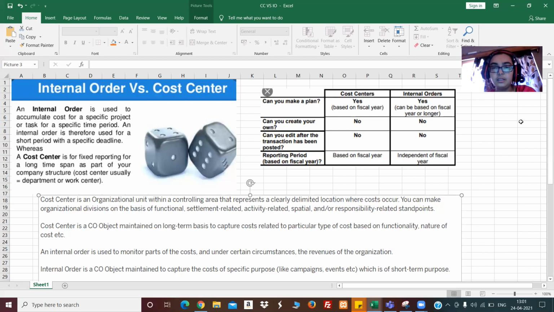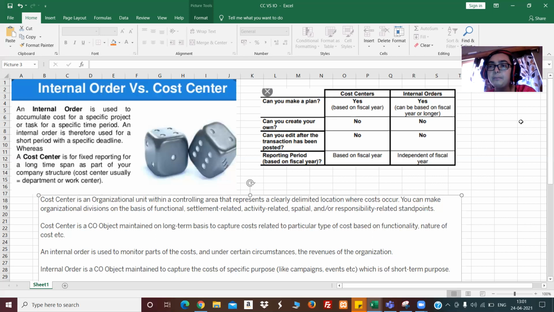But in a cost center, you can capture cost for an infinite period of time as long as you want, but you can never settle it. The settlement functionality is not available here, so you can never calculate the profit or loss during a span of time. You can only publish reports using a cost center.